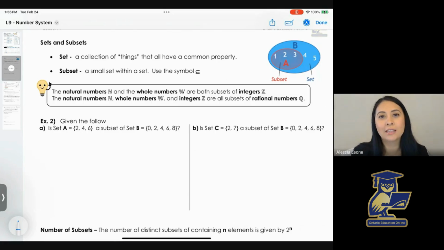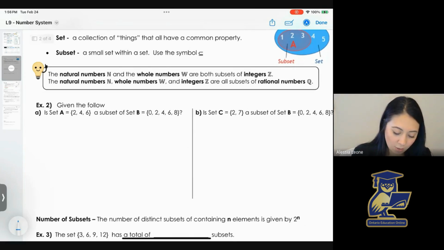Again, we're just looking at that relationship, how all these different categories relate to each other. And there's that little diagram there where that blue circle is the set of numbers. But 1, 2, 3, that's a subset in that bigger set of numbers.